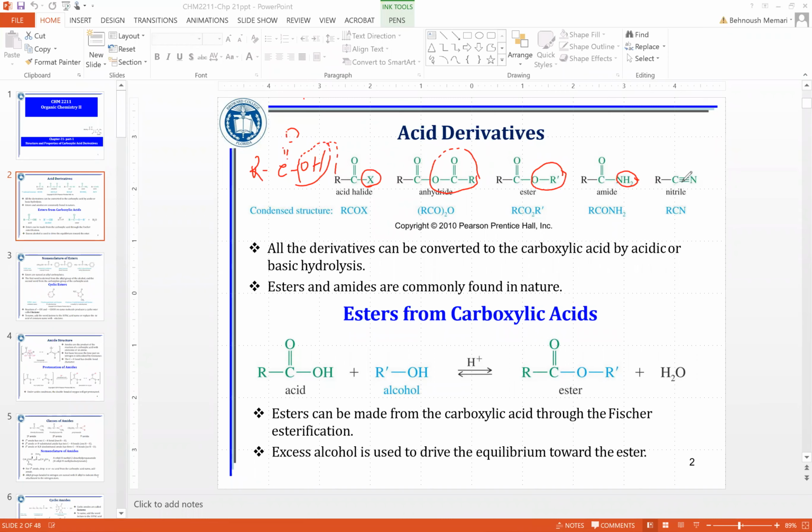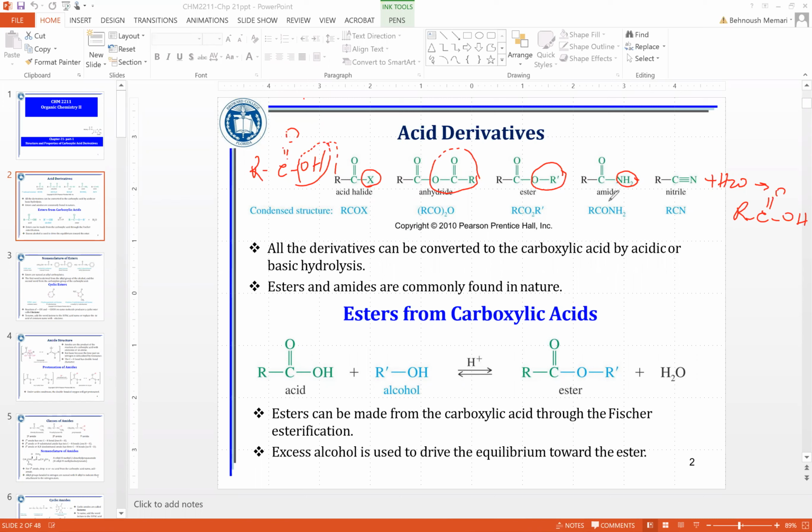But what makes the nitrile classified as an acid derivative is that if you hydrolyze it, if you add water to nitrile, it changes to carboxylic acid. So for that reason, nitrile is classified as a carboxylic acid derivative.